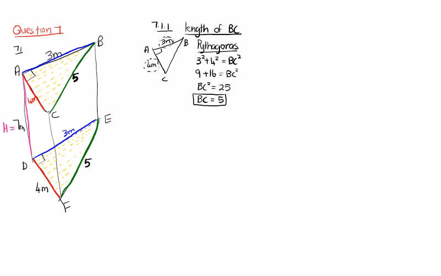Right. In the second question, they ask you to draw the net. Now the net is when you cut this prism open and you lay it down flat. So the area between the two triangles, when you cut it open, is a rectangle.